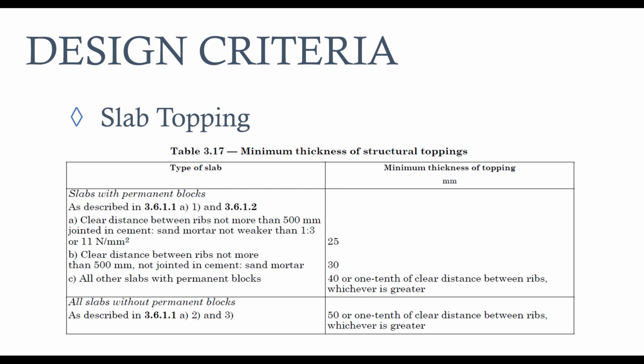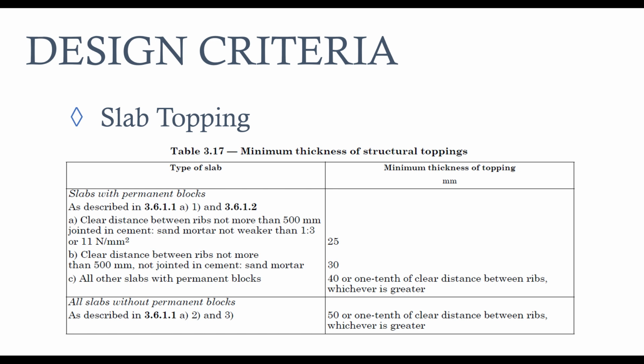So you know that your topping is going to be contributing to the strength, that is, you have to design for moments for the topping, and you also have to provide reinforcement, not just for cracking criteria, but because the topping is contributing to the load.